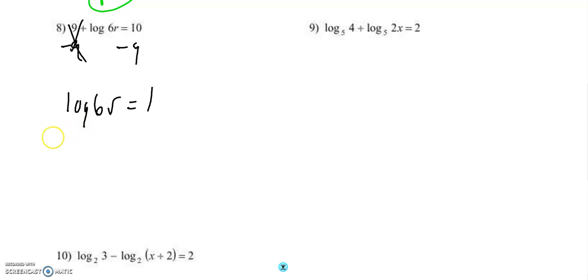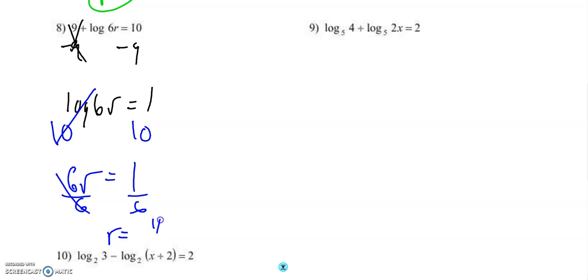So if you raise both sides by 10, or treat log 6r as an exponent, treat 1 as an exponent, you can eliminate 10. We eliminate the log there, so you have 6r is equal to 10 to the 1, which is just 10. Now divide both sides by 6, and we have r equals 10 over 6.